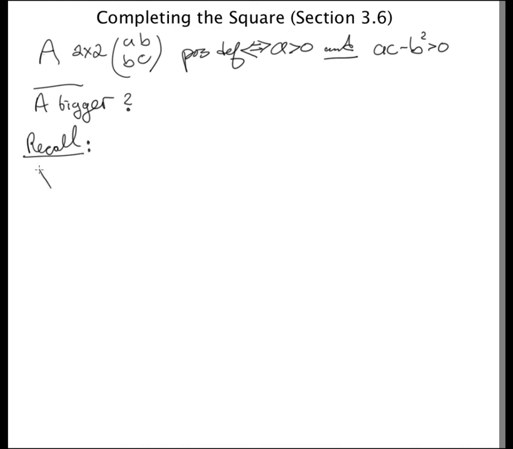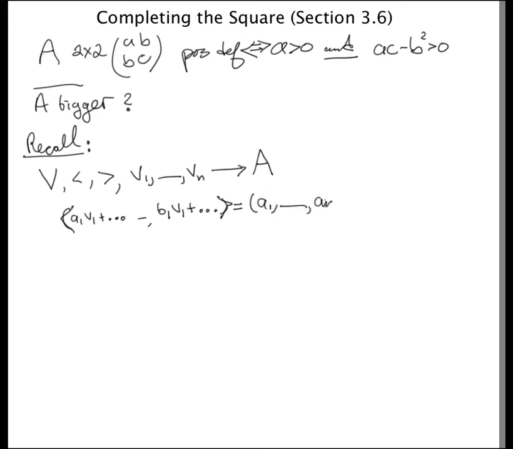The setting is we have a vector space V, and we have an inner product, and if we choose a basis V1 through Vn, then we get a matrix A such that the inner product of A1 V1 plus and so on, with B1 V1 plus and so on, is the row vector A1 through An times A times the column vector B1 through Bn.